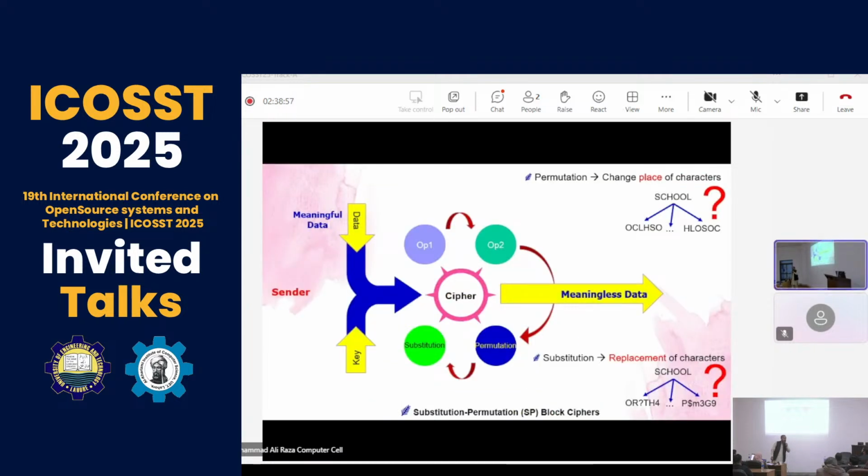Whenever we think about an algorithm, an algorithm is actually a collection of steps performed in an order. So there will be operation 1, operation 2, operation 3, and so on.